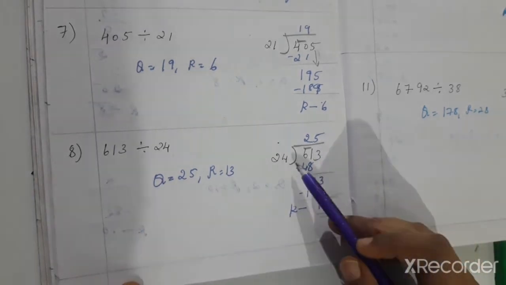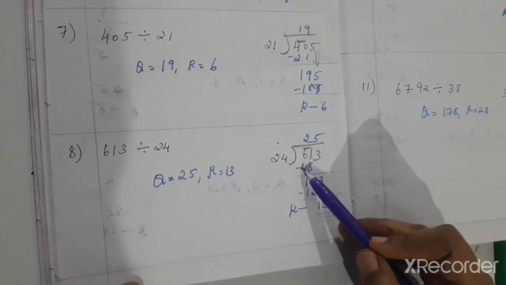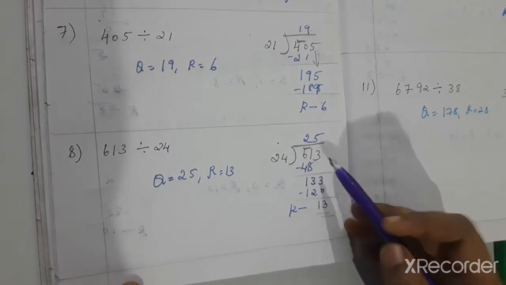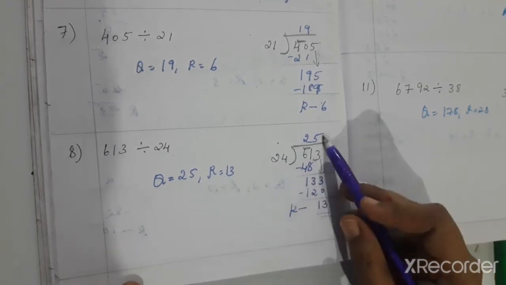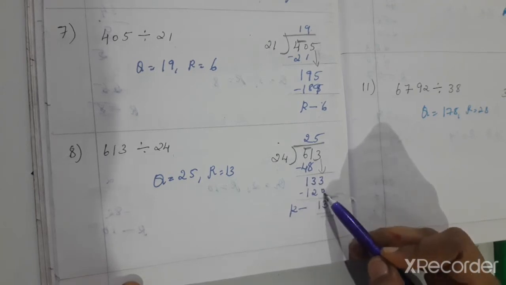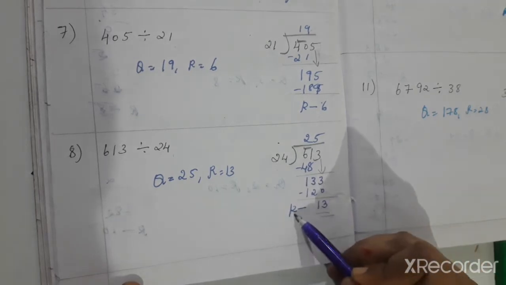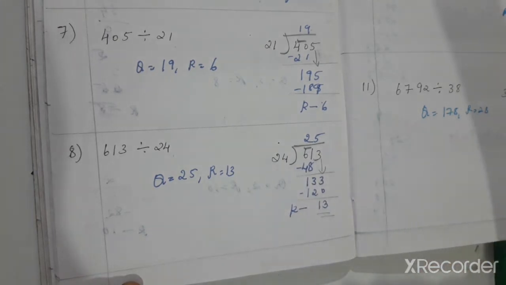We have to write that. So 24 2s are 48, that is the nearer one. Then 61 minus 48 subtracted, you get 13, and bring 3 down. Now 133. 24 5s are 120, that is the nearer one. Now subtract, 133 minus 120, 13. 13 is the remainder. Quotient is 25.